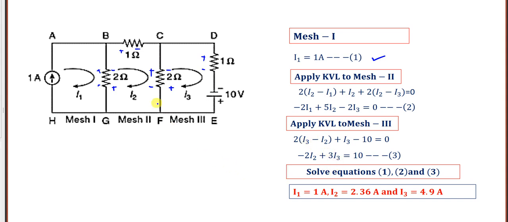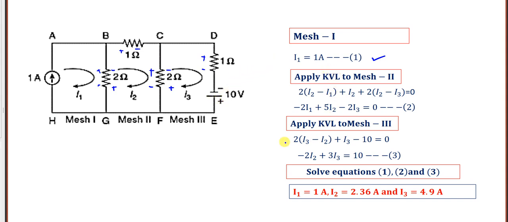KVL for mesh 2: 2 into I2 minus I1, 1 into I2, and 2 into I2 minus I3, because two currents are flowing again in the 2 ohm. And apply KVL for mesh 3: 2 into I3 minus I2, 1 into only one current here, that is I3, and minus 10 is equal to 0.